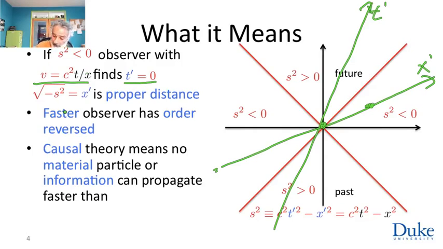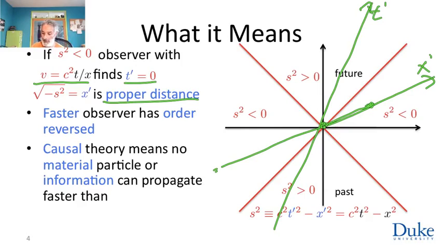And that means that for that observer, since t prime is 0, s squared is just negative x prime squared, so the root of negative s squared, when s squared is negative, is the proper distance. It's the distance between these two events as measured by the observer for which they are simultaneous, which determines the speed with which that observer moves.